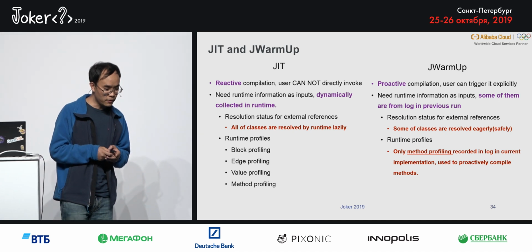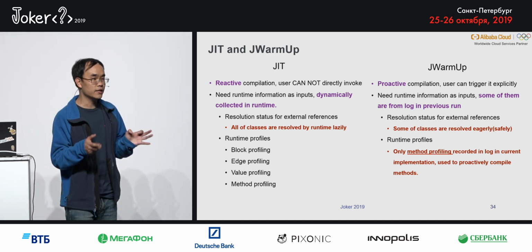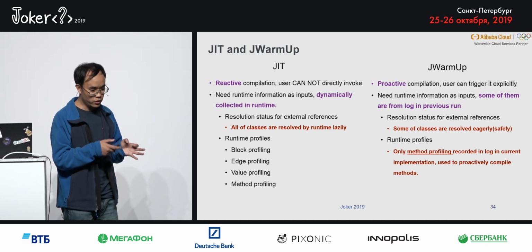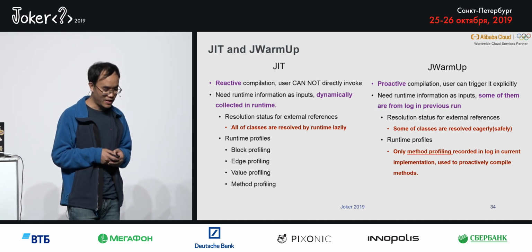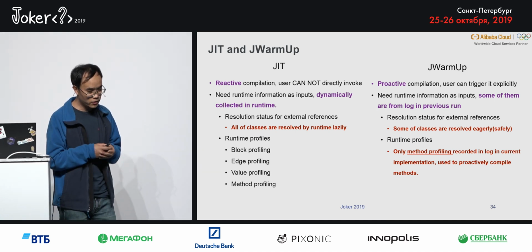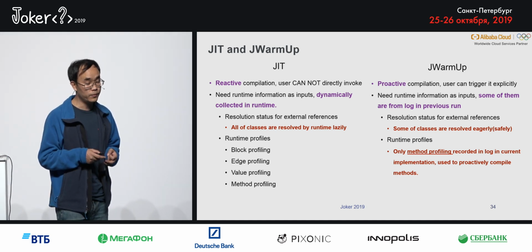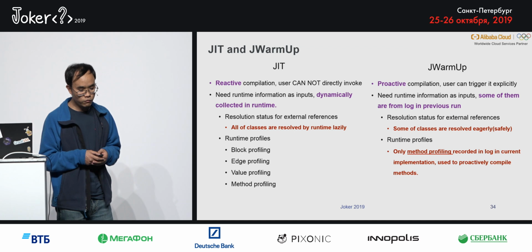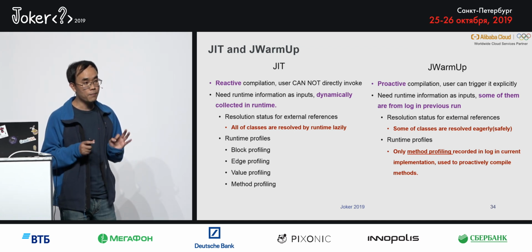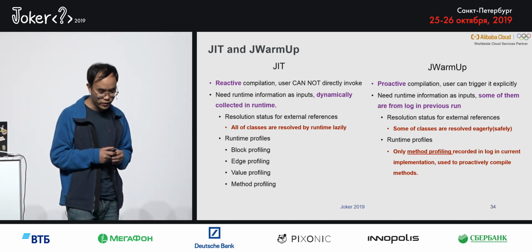For just-in-time, it needs lots of runtime profiles, for example, block profiling, edge profiling, something like that. And for the current implementation of JWarmup, so far we only record the hot methods. This is our current implementation.